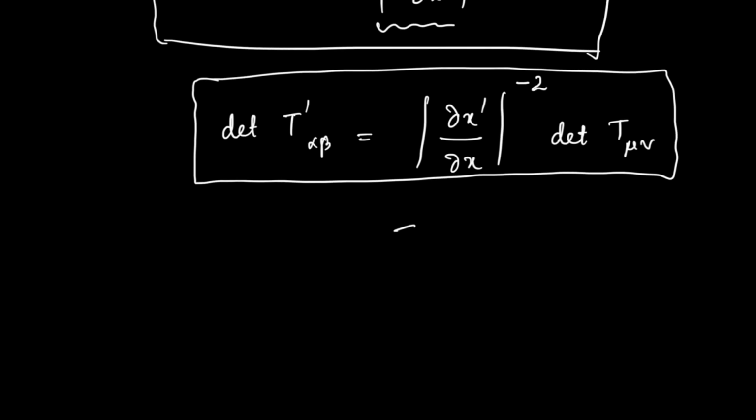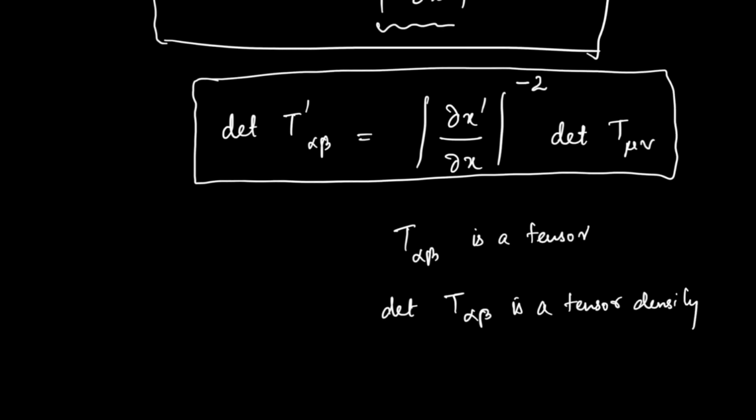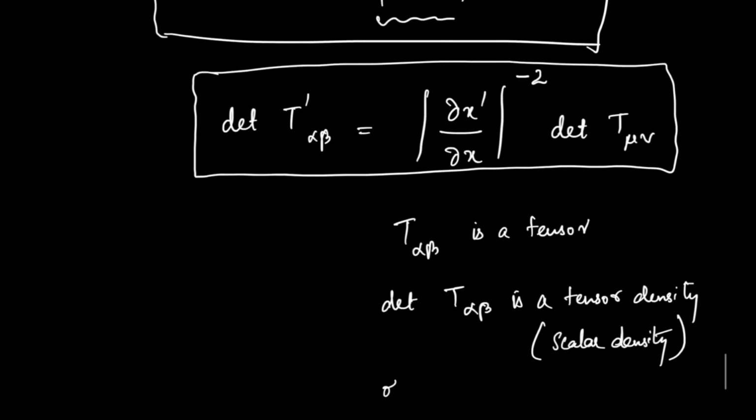Therefore if t alpha beta is a tensor, then the determinant of t alpha beta is a tensor density, or simply in this case a scalar density, because a tensor density of rank 0 is a scalar density.